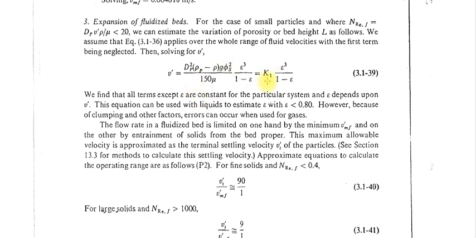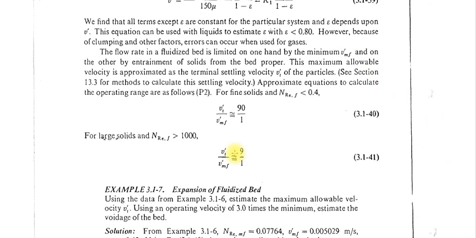So this can be represented by K1, and V dash is only a function of porosity. Okay. So these are some empirical correlations which can be used when you have a Reynolds number very low, less than 10, and greater than 1000. These empirical correlations can also be used to calculate the superficial velocity during fluidization in terms of minimum fluidization velocity.